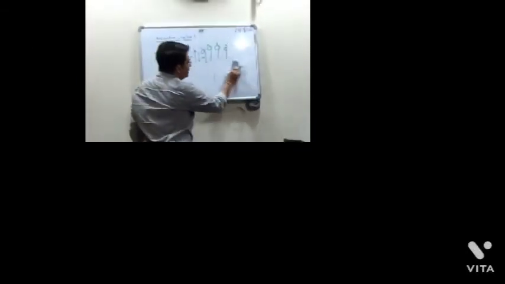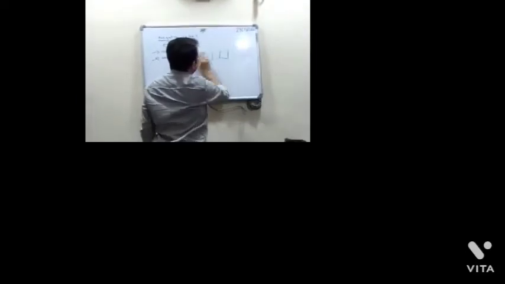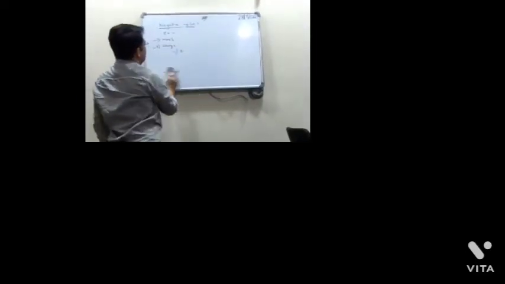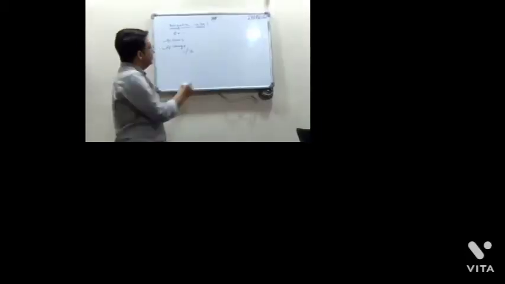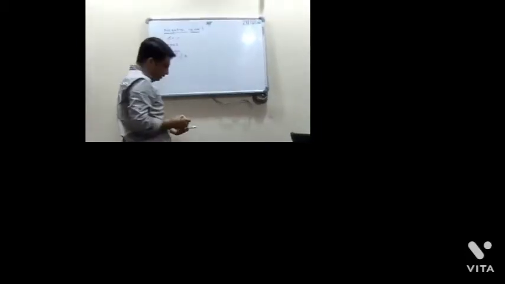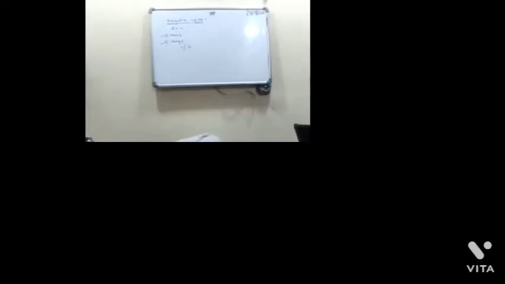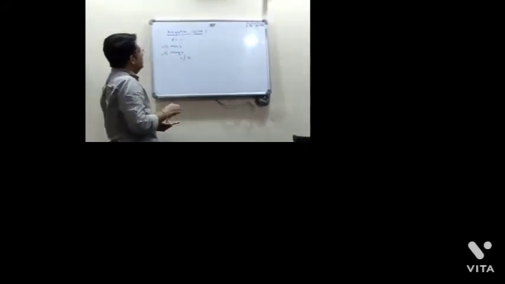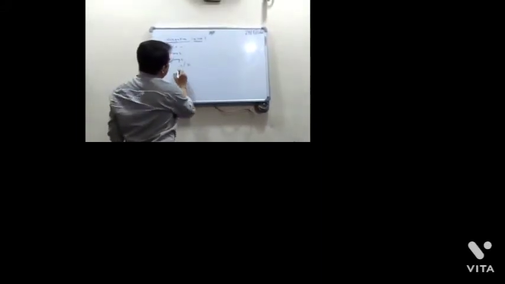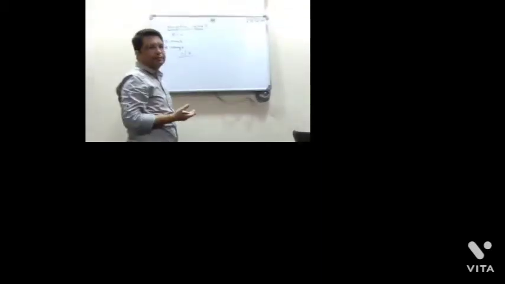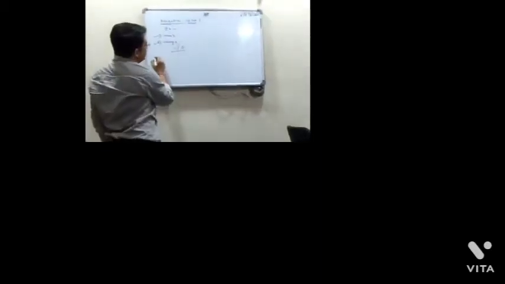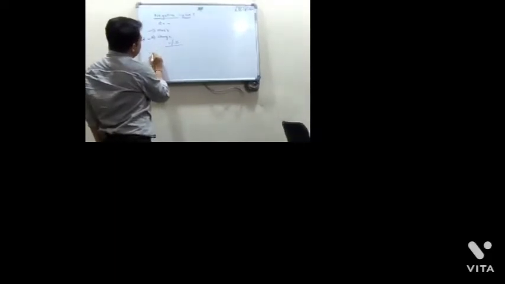Now, what is the relation of this concept with our voltage and current, right? Now the question is, see, both voltage and current are correlated, right? Correlated in the sense they have a linear relationship.